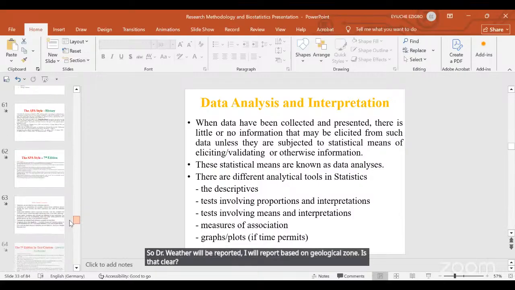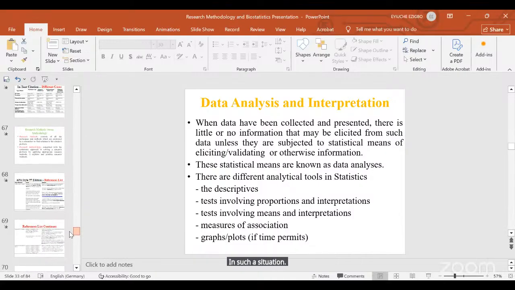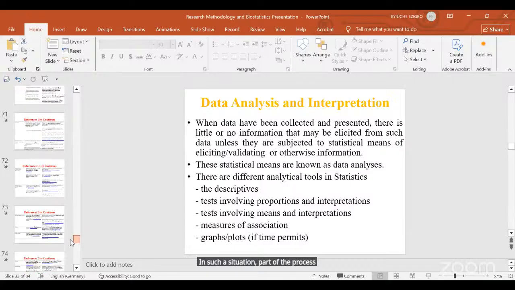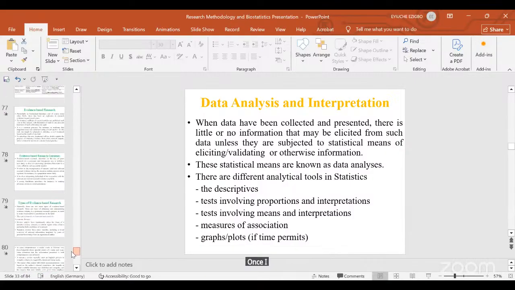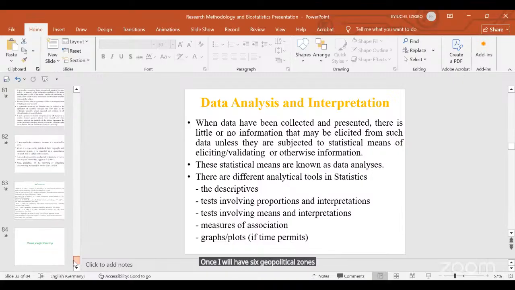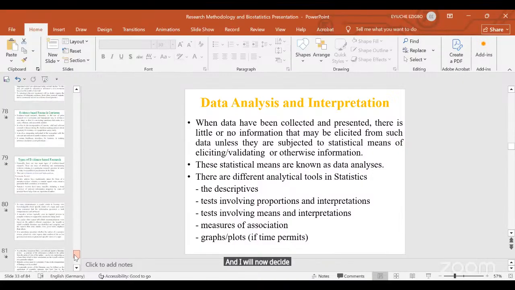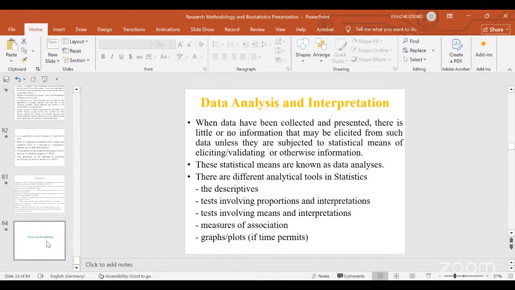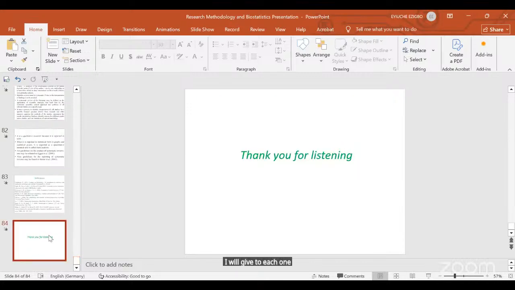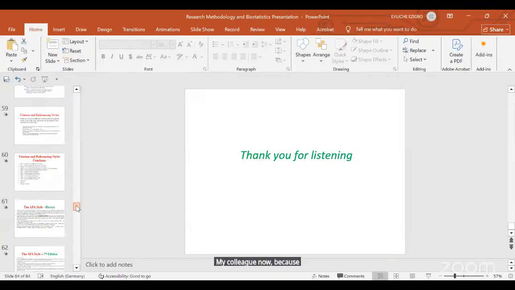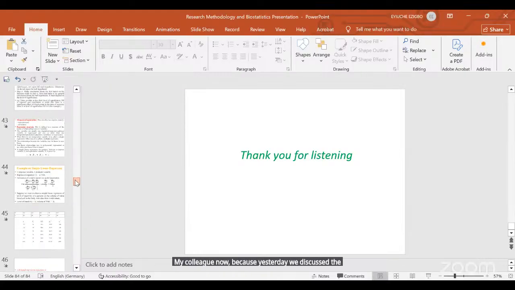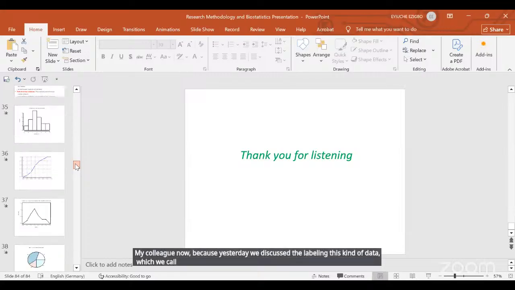In such a situation, part of the processing will be, once I have 6 geopolitical zones, for instance, I will now decide what label I will give to each one. I call it label now because yesterday we discussed labeling this kind of data, which we call nominal data.